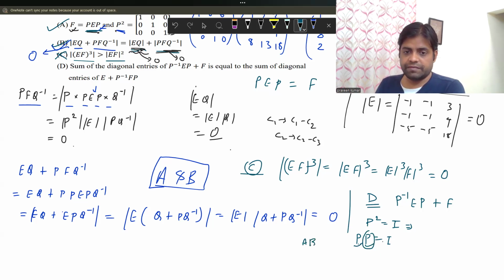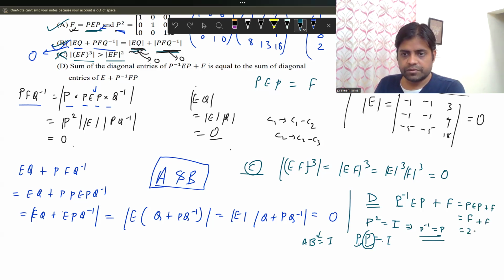So remember that if AB is equal to I, then B is inverse of A. So here P is inverse of P. So P is equal to P inverse. So this can be written as PEP because P inverse is equal to P, right? PEP plus F. So PEP is F from the finding, F plus F.